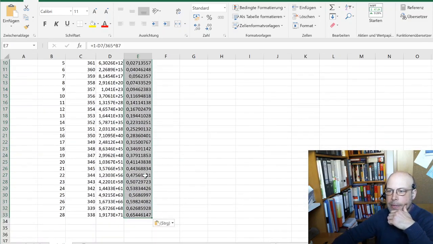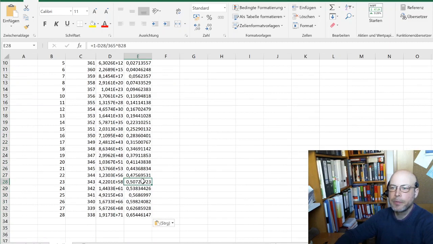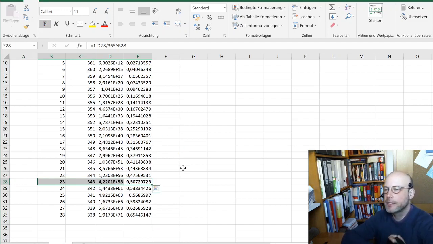And then we see here that at the number of 23 guys, we have the probability that 2 guys in the room have their birthday on the same day with probability 50%.